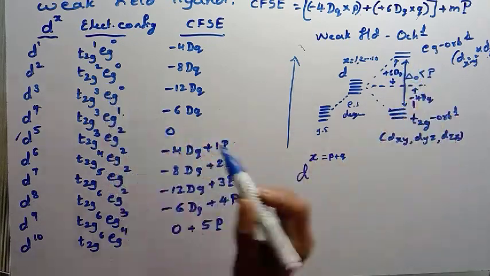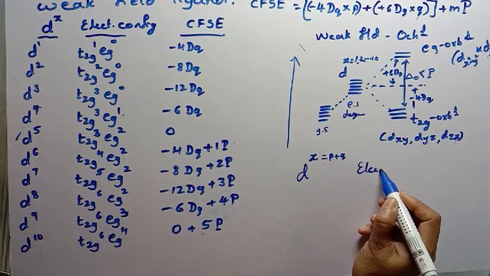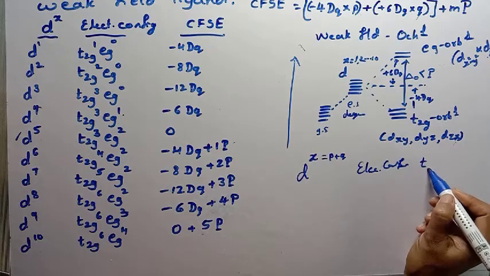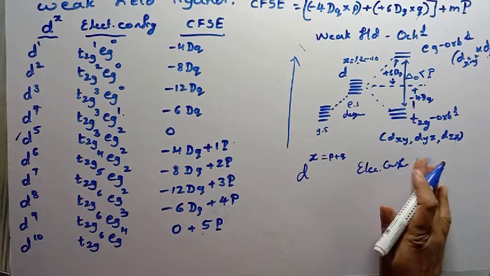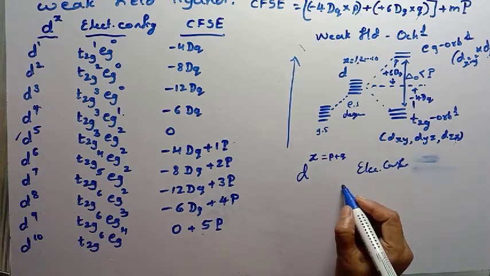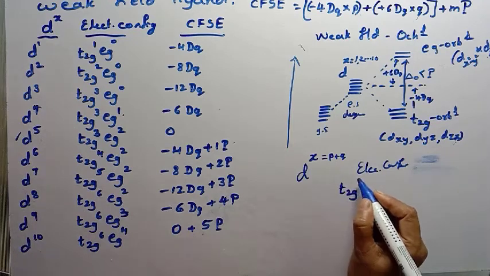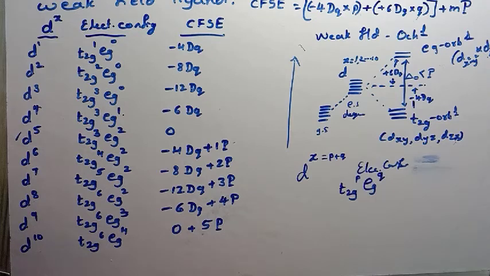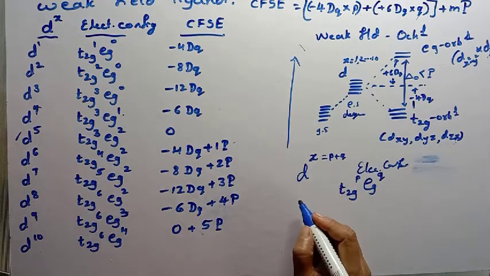So yesterday we have seen the electronic configuration is t2g raised to p and eg raised to q.